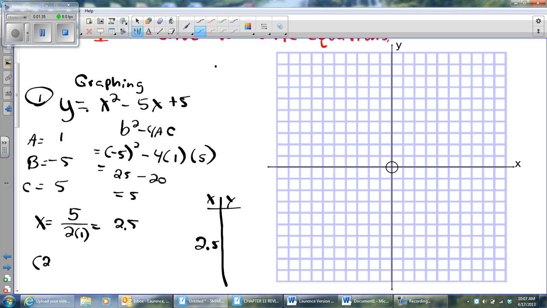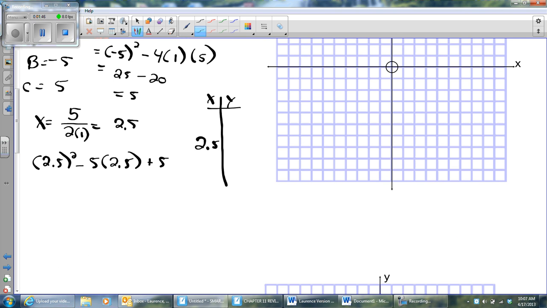And so I'm going to get 2.5 squared minus 5 times 2.5 plus 5. This is going to be 6.25, this is going to be 12.5, I believe, and then plus a 5. And so these two positives are going to get me 11.25.